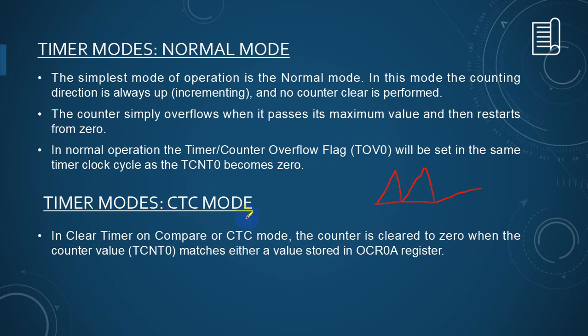CTC mode. In clear timer on compare mode, the counter is cleared to 0 when the counter value matches a value stored in the OCR, output compare register A. Okay.